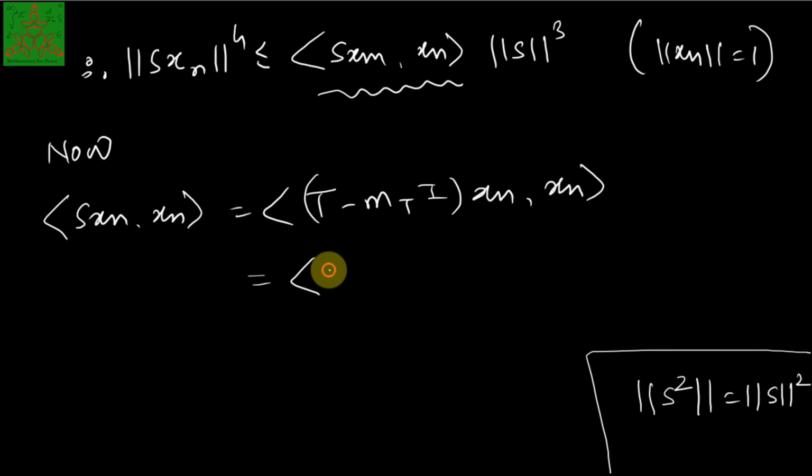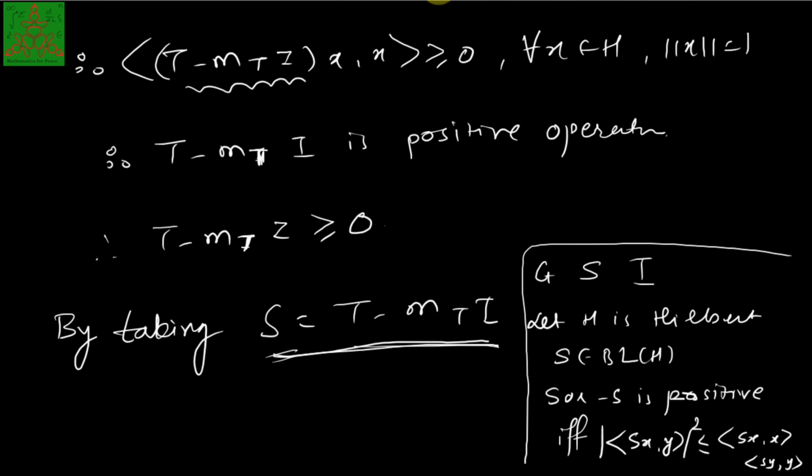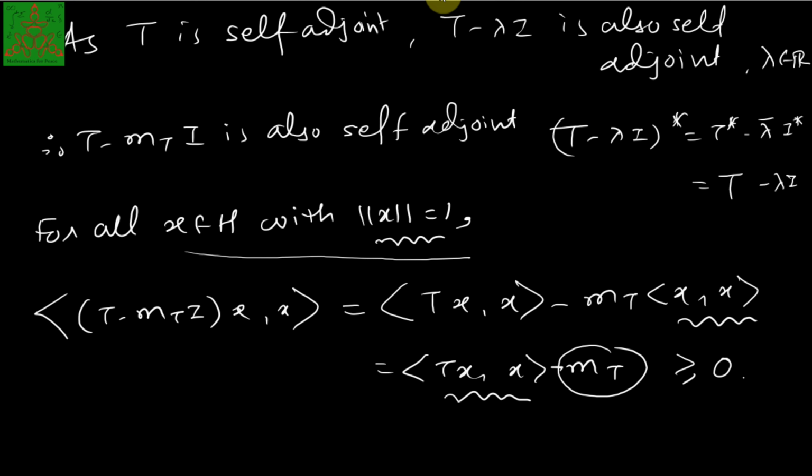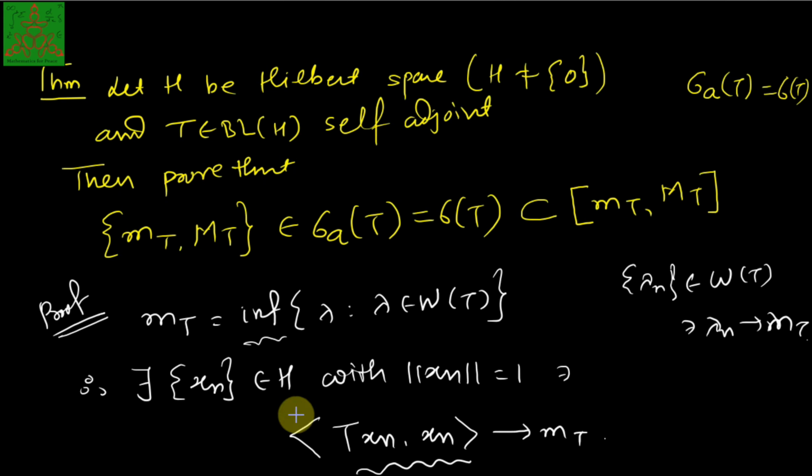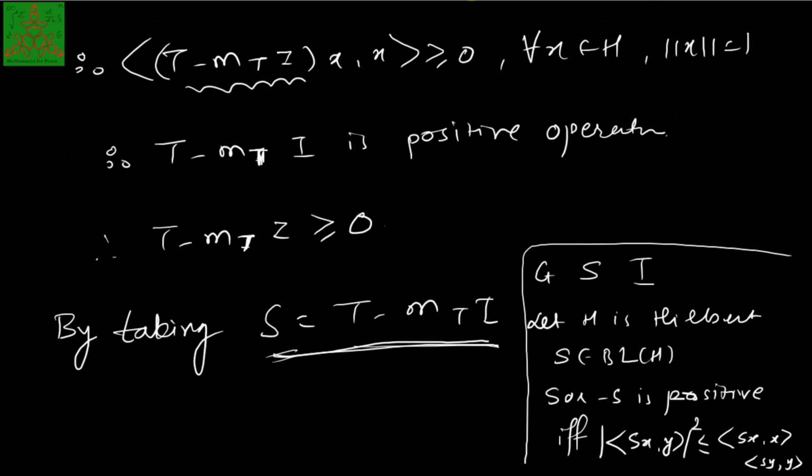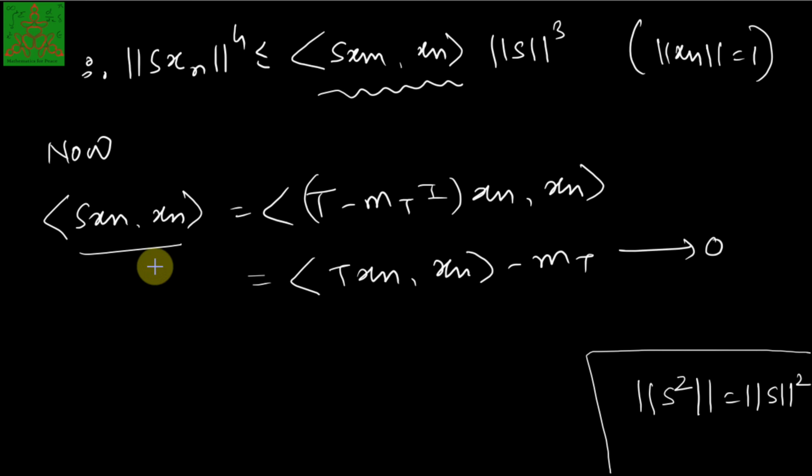Now this is nothing but ⟨Txn, xn⟩ − m, and this tends to 0 as ⟨Txn, xn⟩ tends to m, as we have already seen. We have taken the sequence xn such that ⟨Txn, xn⟩ tends to m. So ⟨Sxn, xn⟩ tends to 0.